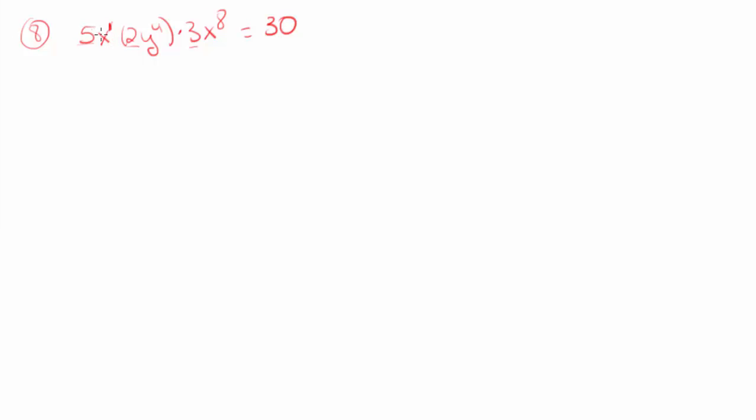Since we have an x and an x, we add to get x to the 9th, and then a y to the 4th. If we were to write this out, it'd be 5x, 2 with 4 y's, times 3 with 8 x's. If you combine all these x's, it's really 9 x's and we have 4 y's.